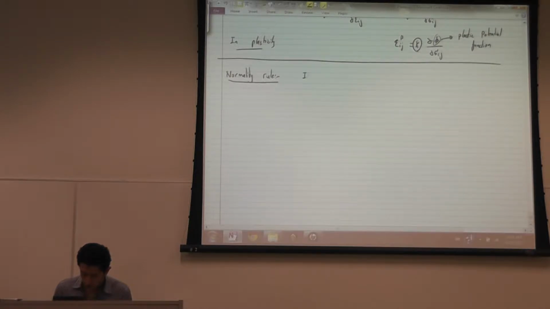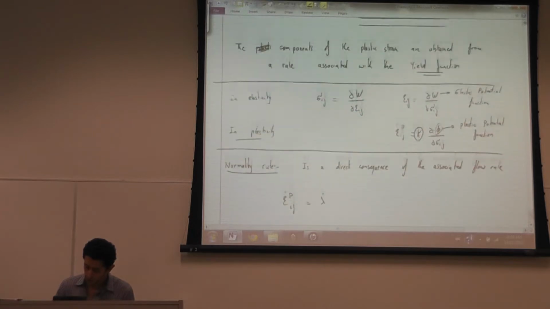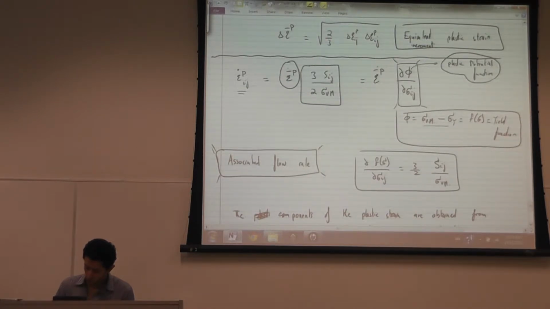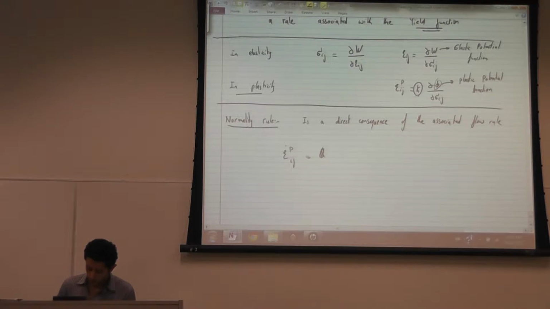And this associated flow rule directly leads to what we call the normality rule. It's a direct consequence of the associated flow rule. So the normality rule, what we're saying is that epsilon dot plastic ij is equal to a number, this plastic strain parameter, multiplied by partial phi by partial sigma j.